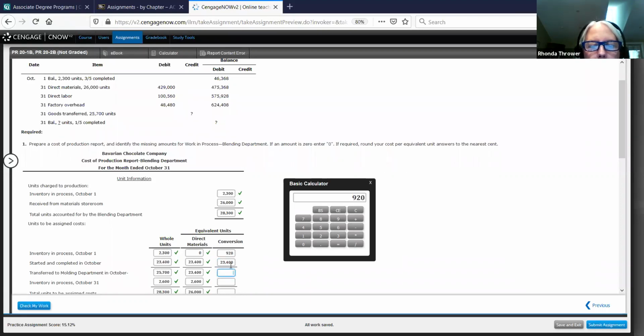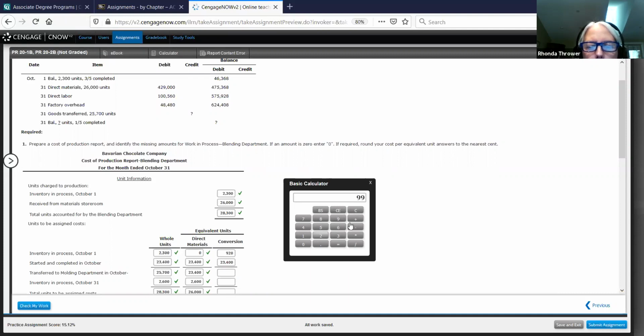So we will combine the two of these together to get the total amount of the conversion equivalent units that will be transferred out of this department.